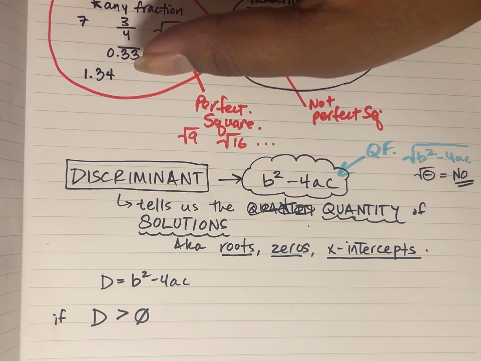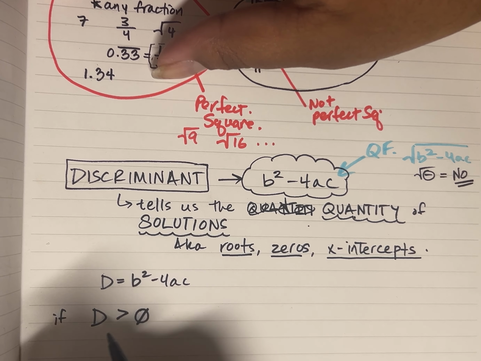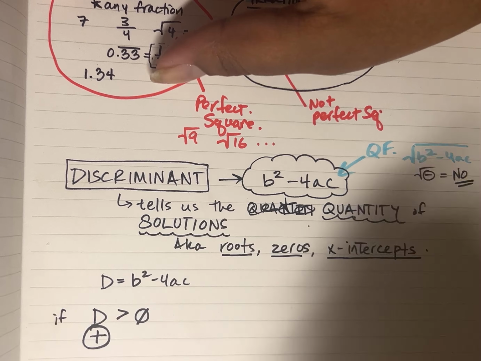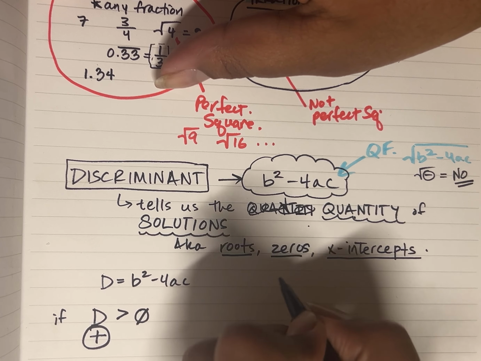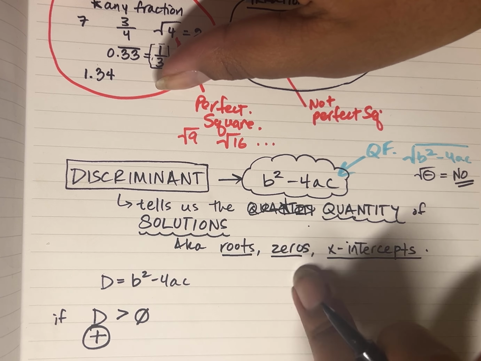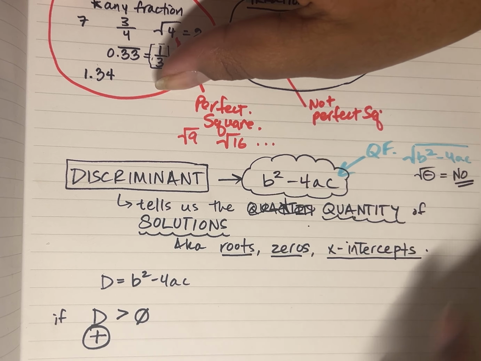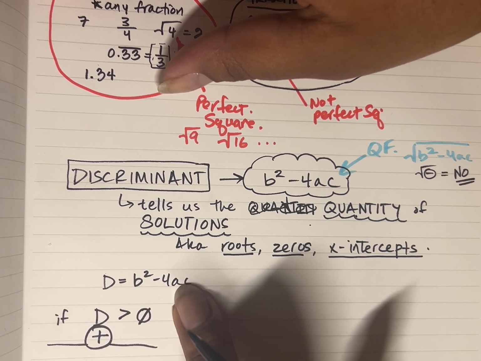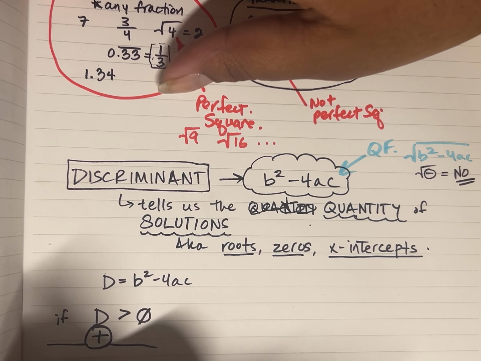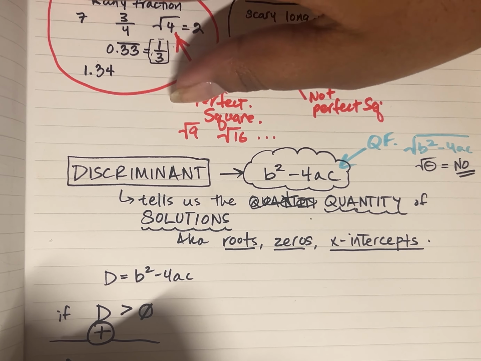Is that positive, negative? Is it none of the above? If D is bigger than 0, then it is a positive answer. So we will do an example together in a bit. Right now we're just making a chart. If what I get from this spot right here is positive, I can get one of 2 things.